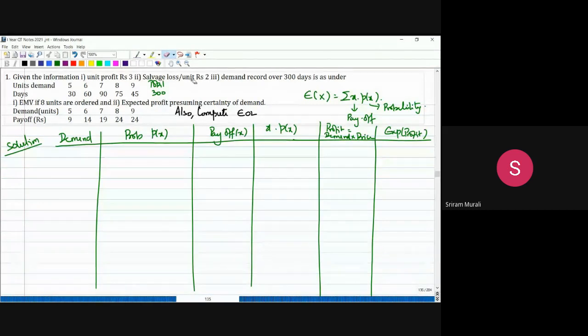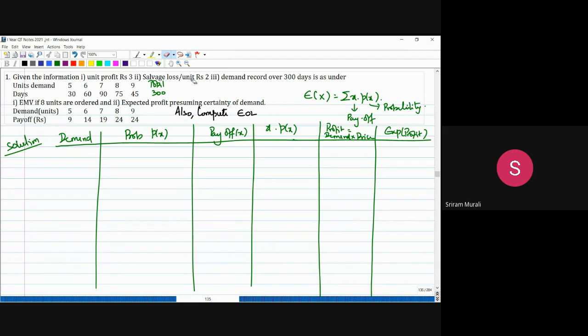If 8 units are ordered, we want to find the expected monetary value if 8 units are ordered.